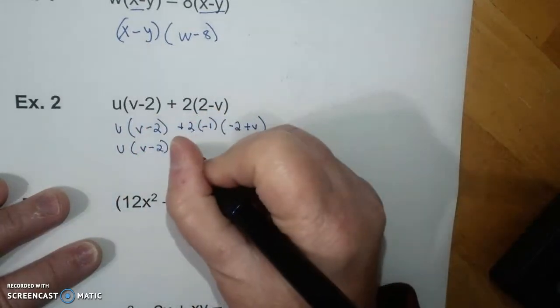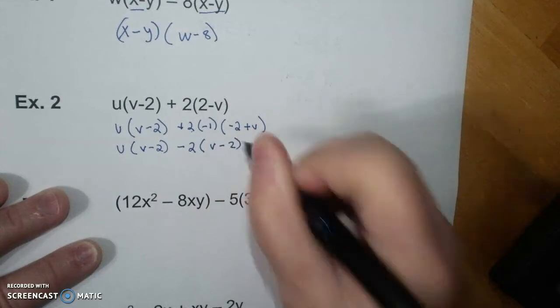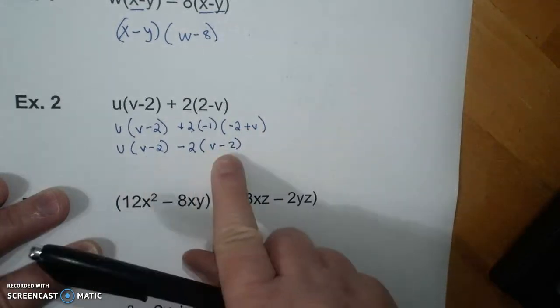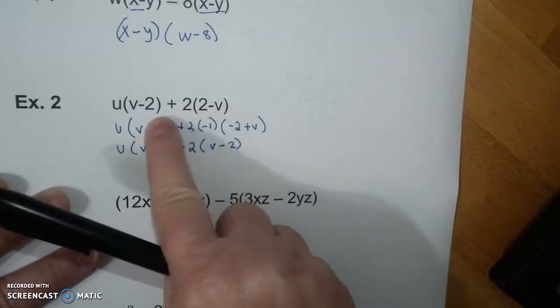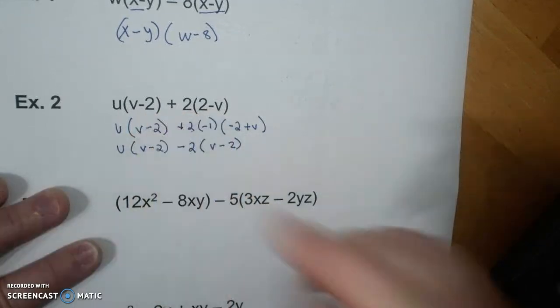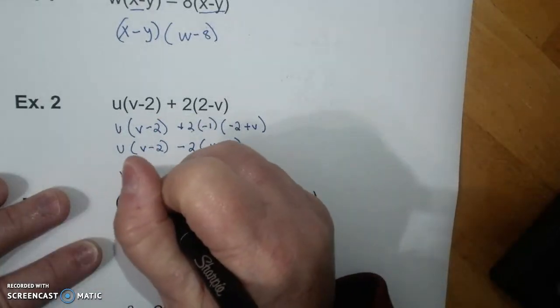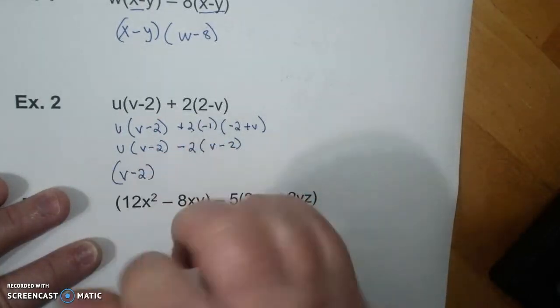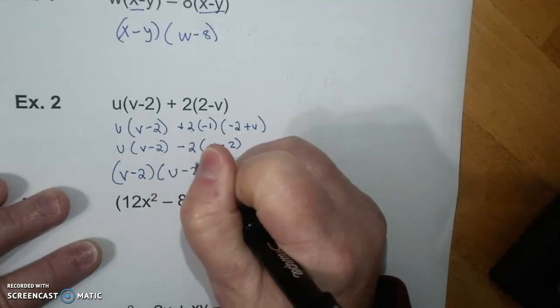I can combine this to be -2 and v minus 2. Now do you see that they have the same thing? So be on the lookout when they are flip-flopped with the signs, except for the signs, you can do that. So I'm going to pull the v minus 2 out to the front, as a whole, and I'm going to distribute it to the u minus 2.